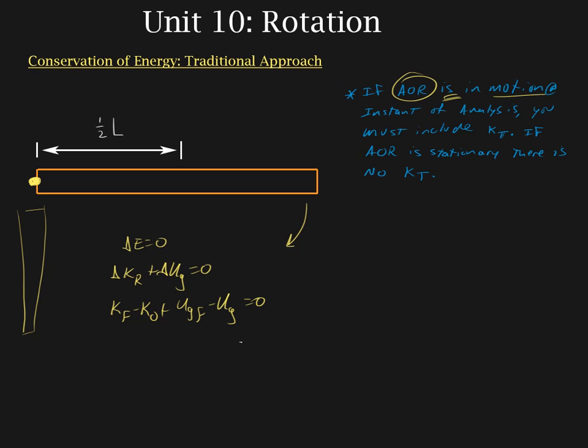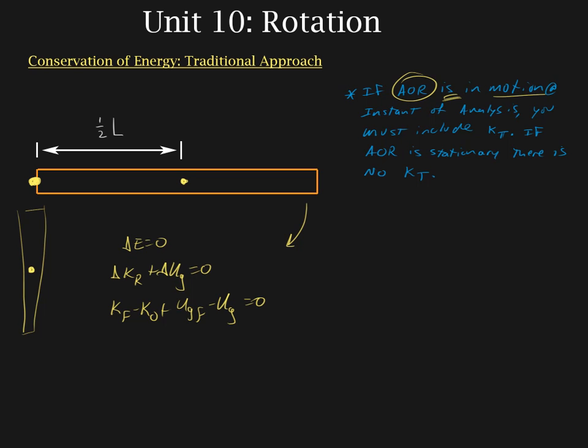And then this is where we have to be a little bit careful. The center of mass is located right here, and whenever this thing swings down to its lowest position, the center of mass is going to be right here. So the distance that the center of mass drops is going to be 1/2 the total length of the rod. And so we got to be careful whenever we set up this part of it.